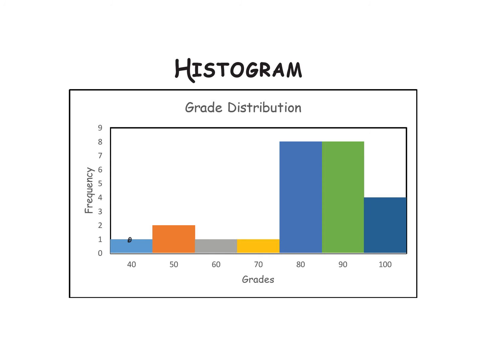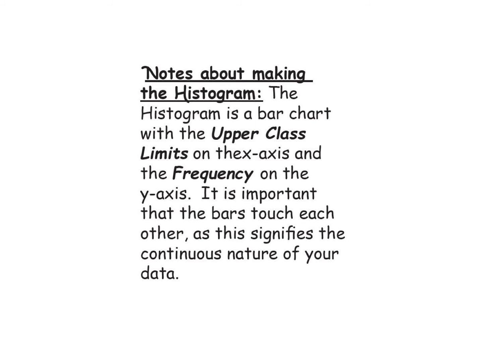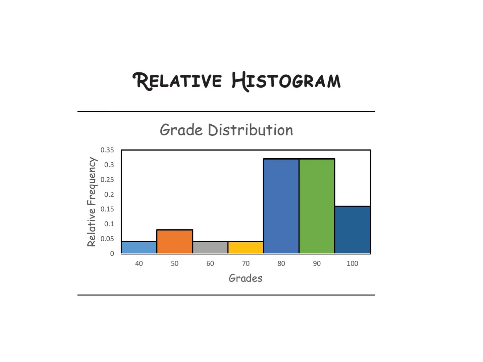If I took this, put a dot at the center of each of these, and connected them with a straight line, and then connected the zeros at the end, look at how that matches the histogram.